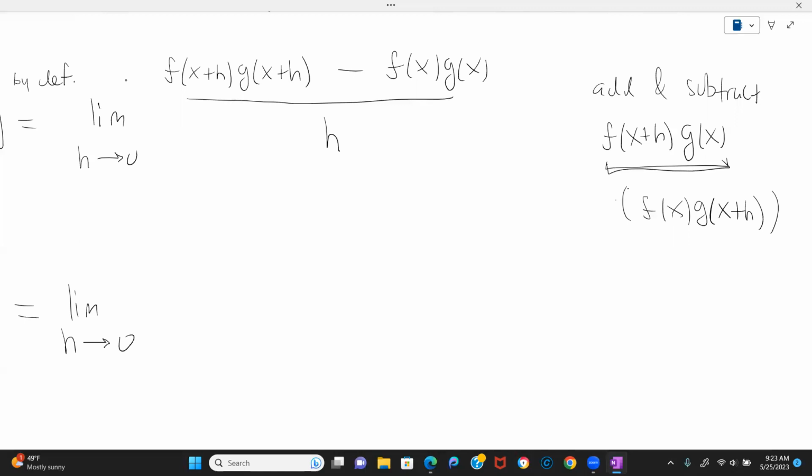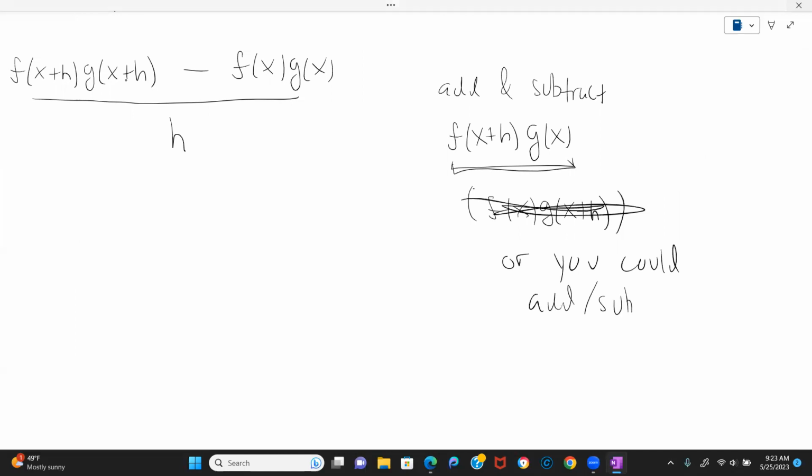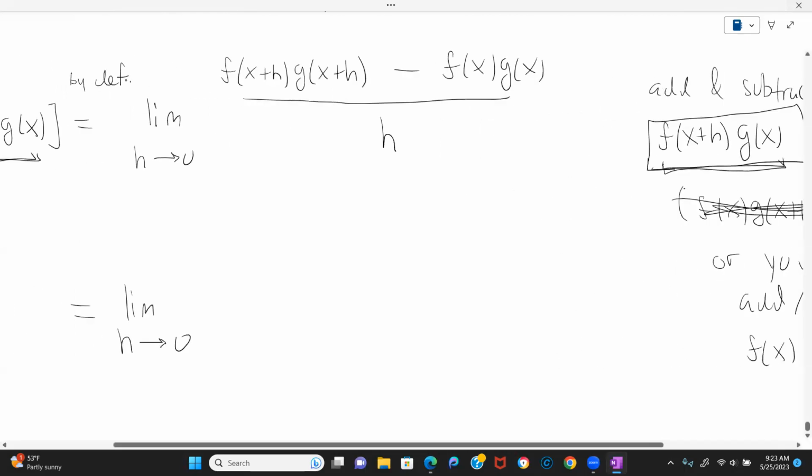Or you could add and subtract f of x times g of x plus h. I think either one will work, but we're just going to use this. We're going to add and subtract this, which is of course equivalent to adding zero. So that's what I mean by adding zero in a clever way.